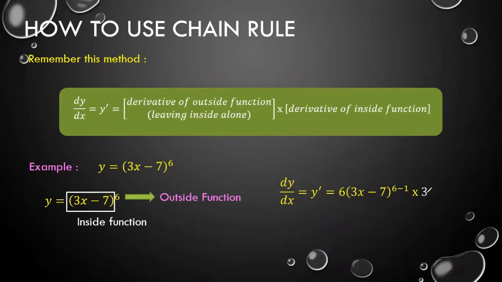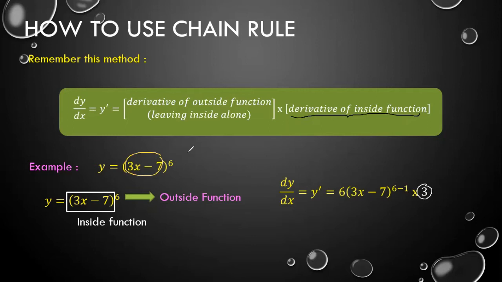Okay, now the question: what about 3? Where does this number come from? Look at this method: it is the derivative of the inside function. The inside function is 3x minus 7, right?